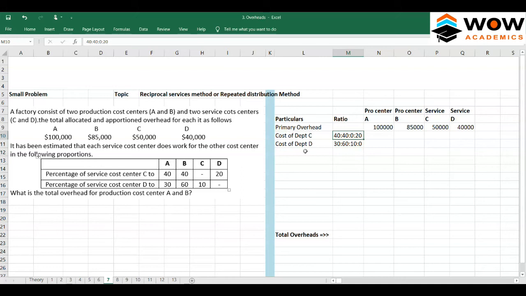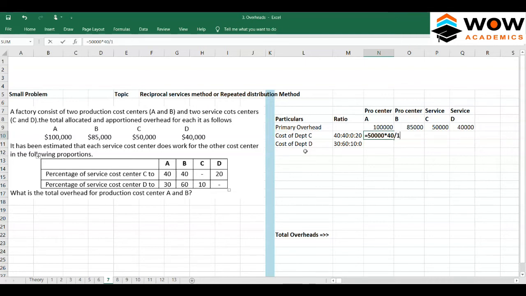So first we will allocate it. Here the C amount is 50,000, right? So we'll take it as 50,000 into 40 divided by 100. If you add 40 plus 40, 80, 80 plus 20, 100.